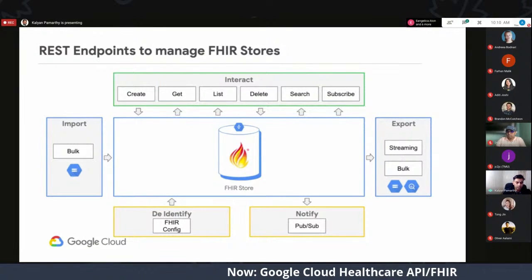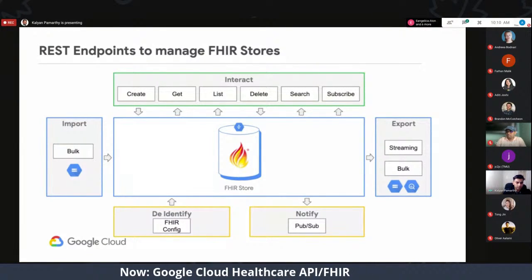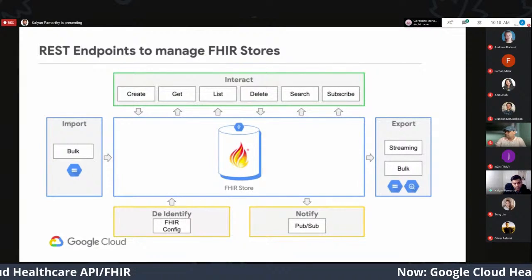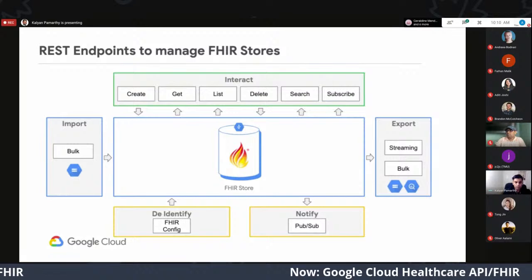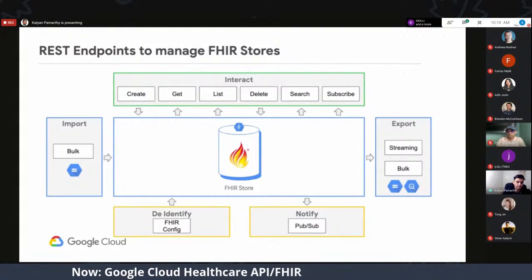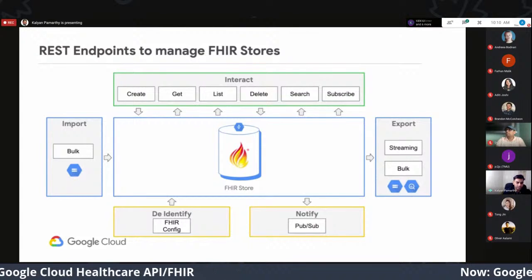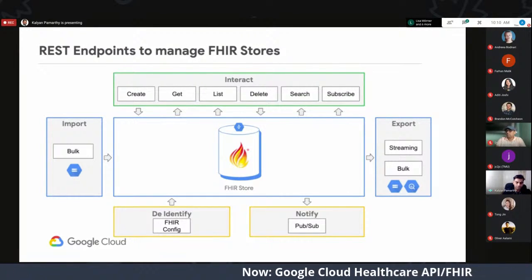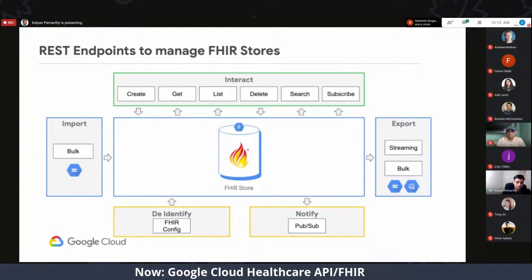So we've got API calls for both batch and for bulk and streaming exports to BigQuery as well. So what you'll see here is just with setting up the FHIR APIs and the Healthcare API, you can now use it as a fully contained backend for any of your apps that you're building this weekend and going forward.